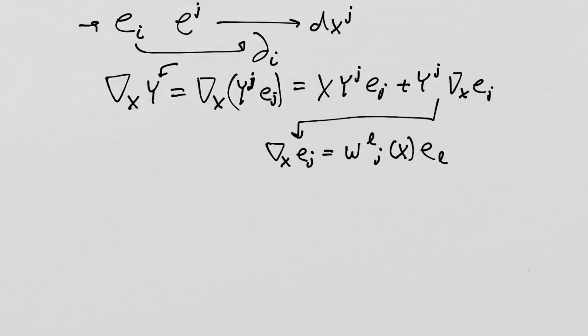Hopefully it leaves a j behind, and the result has to be a vector. Well, this object, for a particular basis, we can therefore understand to be what amounts to a 1-1 tensor. It has to ultimately eat this vector field and produce something that can sum over this j, and it has to end up being a field that can sum over j and leave behind a vector. So it kind of looks like a 1-1 tensor.